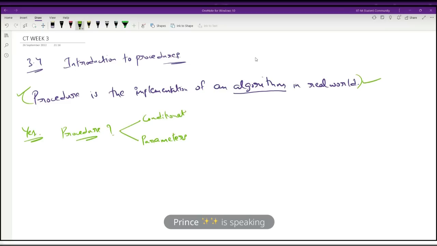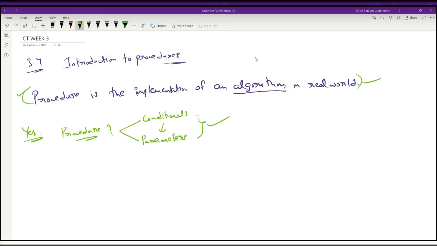Conditions. Sorry, sir, I forgot that. No problem. Conditionals with parameters. When we combine these both, it makes up a procedure, right? I think this is very intuitive for you all. When we combine conditionals with parameters, that makes up a procedure, which helps us in the application of real world things.